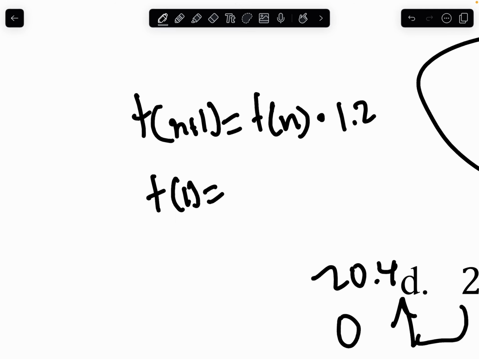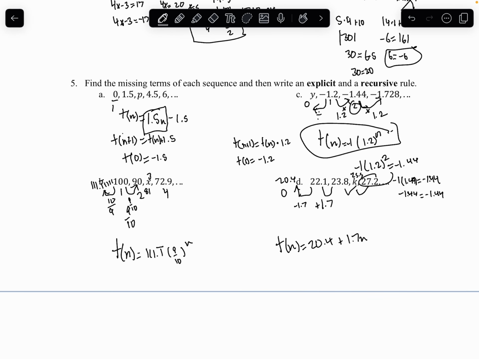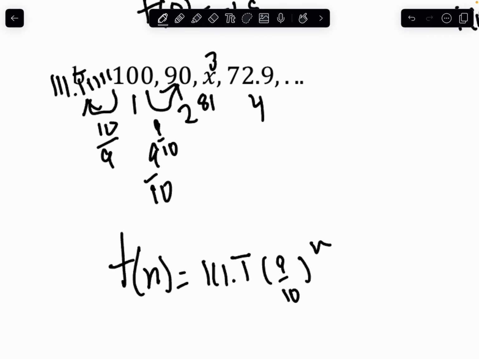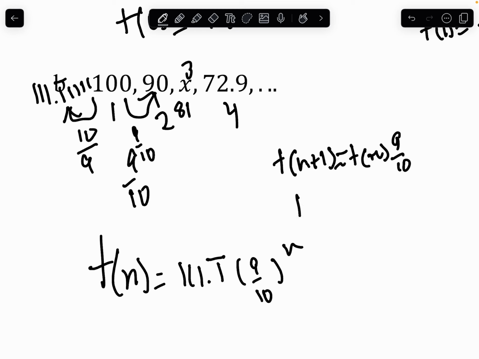T of 1 equals negative 1.2. Next one, I'm going to put a lot of numbers here, but do t of next term equals the previous term times 9/10. T of the first term is equal to 100.